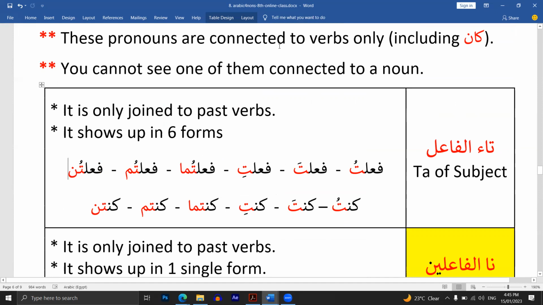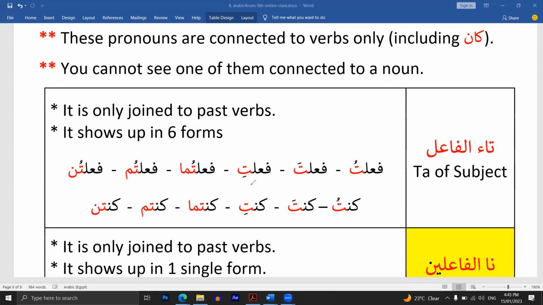The difference is the ta. Once you see ta first, here you are talking about ta'ul fa'il, okay? The ta will come first. The one who will come first will be the pronoun.